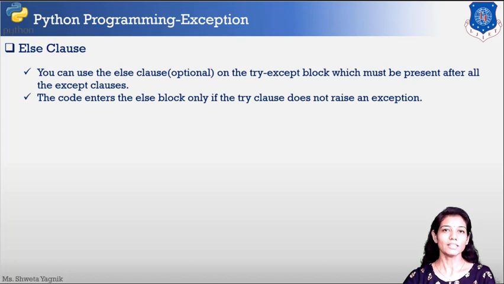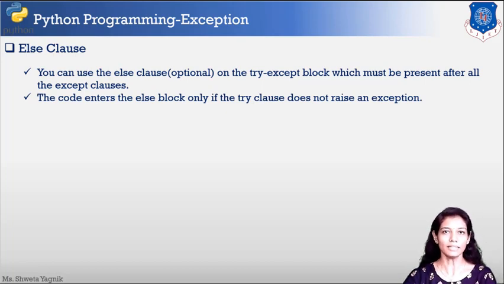Now we'll see the else block in the try except clause. The control goes into the else block only if the try does not generate any exception. What kind of code do you want to keep in the else clause? Something like a result you want to produce when no exception has been generated. Such a result you can definitely keep inside the else block.